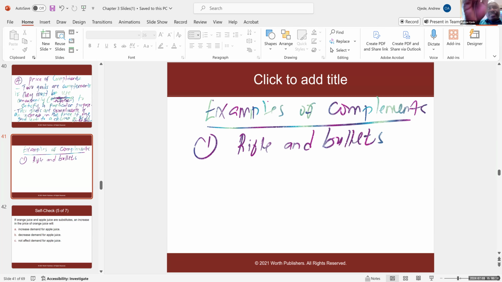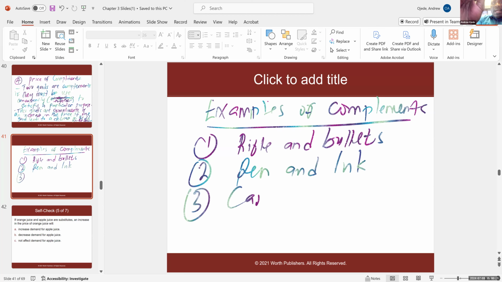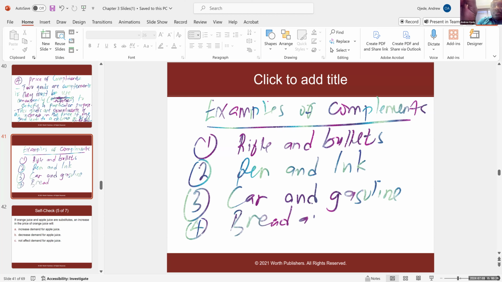So these are complementary goods. Two, pen and ink. See, I'm writing using a pen and ink. They go together. Three, car and gasoline. Those go together. There are so many examples you can think about. Four, bread and butter.